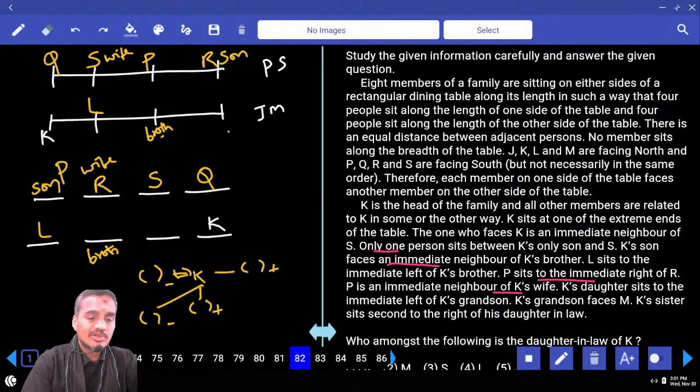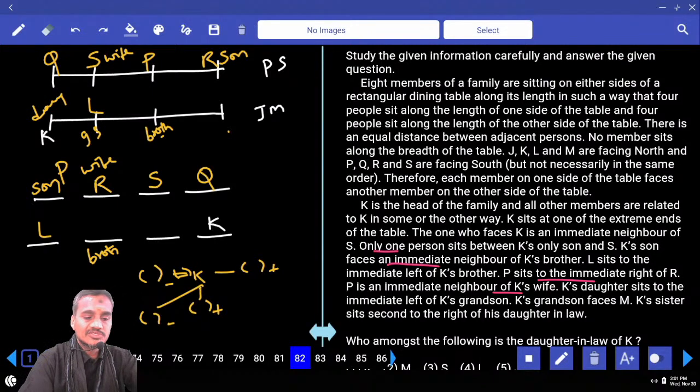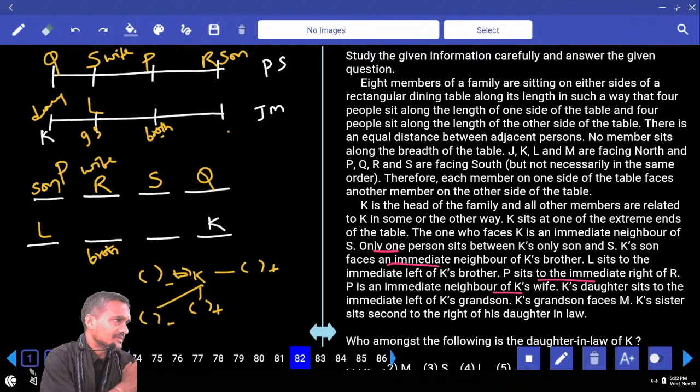Daughter sits to the immediate left of grandson, so the two must be side by side. Where should it come? Daughter is Q and sits to the immediate left of grandson.